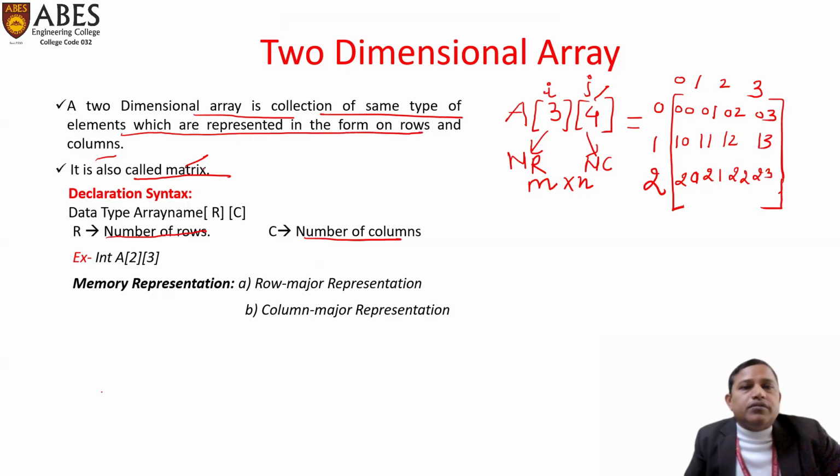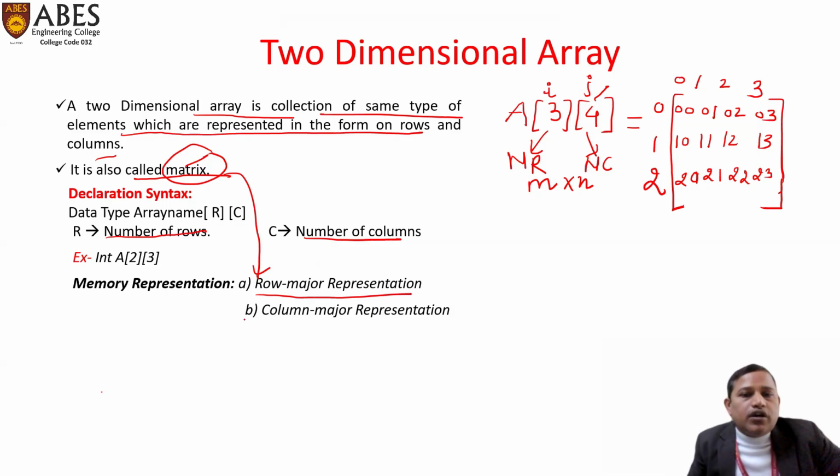You can represent a matrix or two-dimensional array in memory in two forms, either in row major order or in column major order. Let's start with row major order.